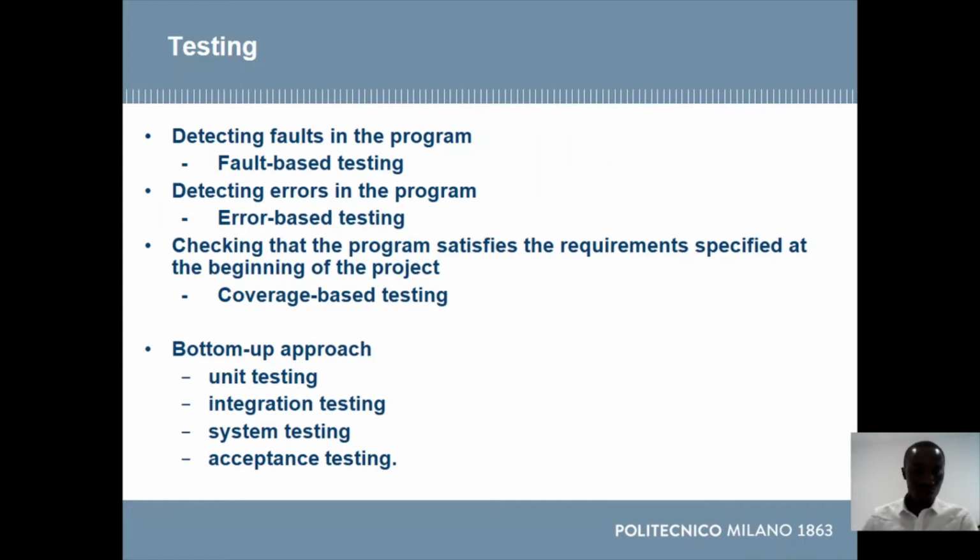Now, the testing was carried out using a bottom-up approach in the order of unit testing, integration testing, system testing, and then acceptance testing. And this was found to be more suitable for this work as compared to the top-down approach.